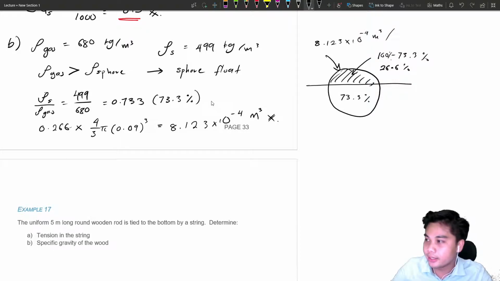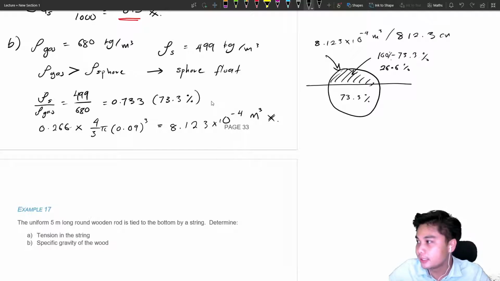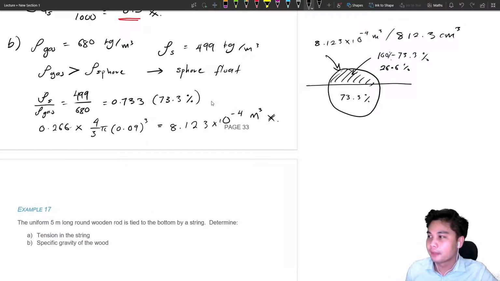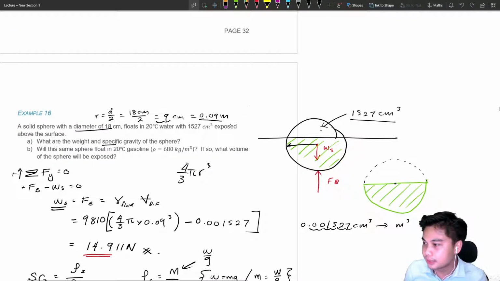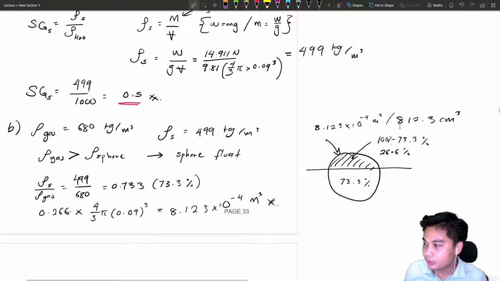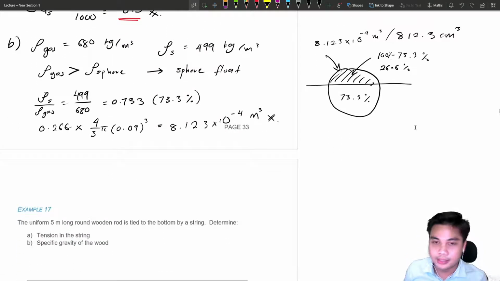You will get 812.3 cubic centimeters. Let's compare: the earlier exposed volume in water is a lot bigger, 1500, while this is only about 800. That's it, and that is the final answer.